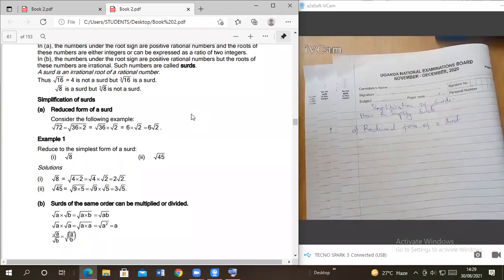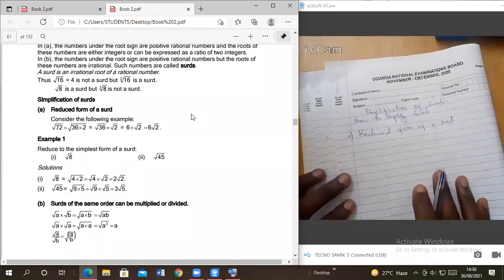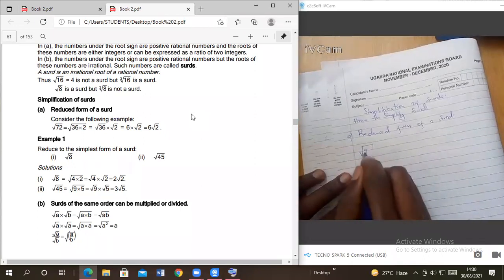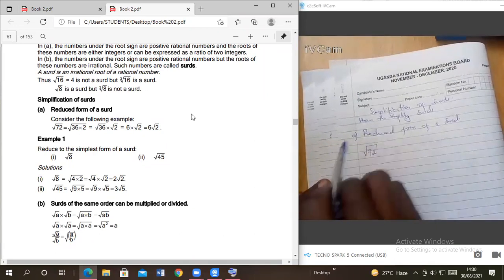So, consider the following example. We have the first one, root of 72. The number under the square root is rational.